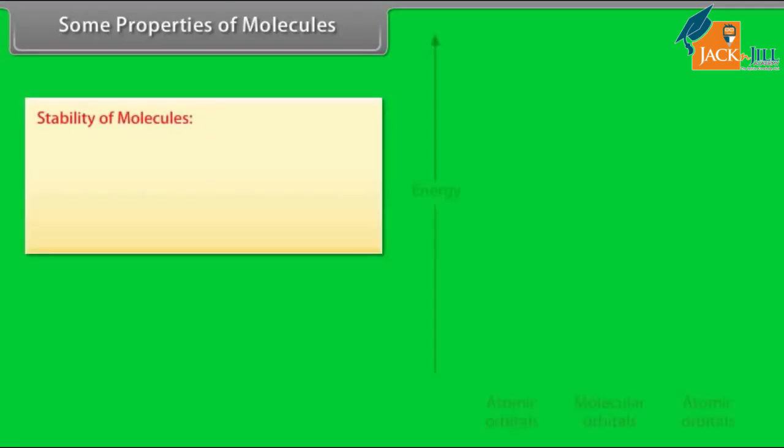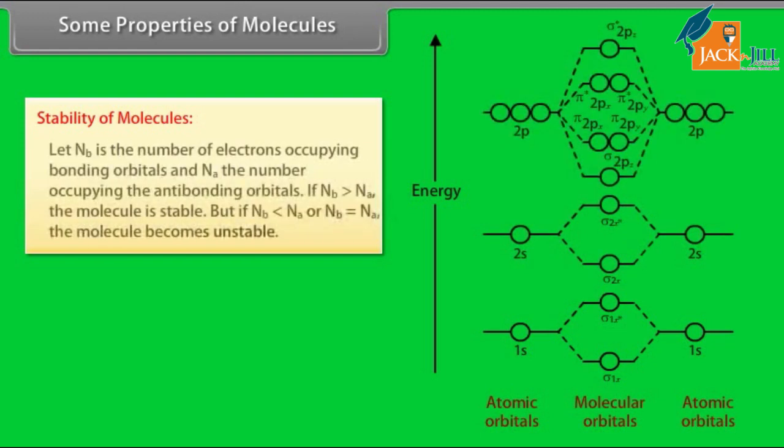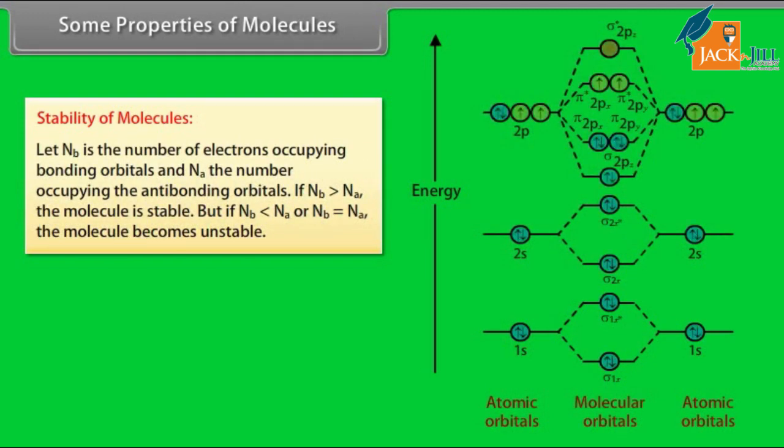Some properties of molecule. Stability of molecule. If Nb is the number of electrons occupying bonding orbitals and Na is the number occupying the anti-bonding orbitals, if Nb is greater than Na, the molecule is stable. But if Nb is less than Na or Nb is equal to Na, the molecule becomes unstable.